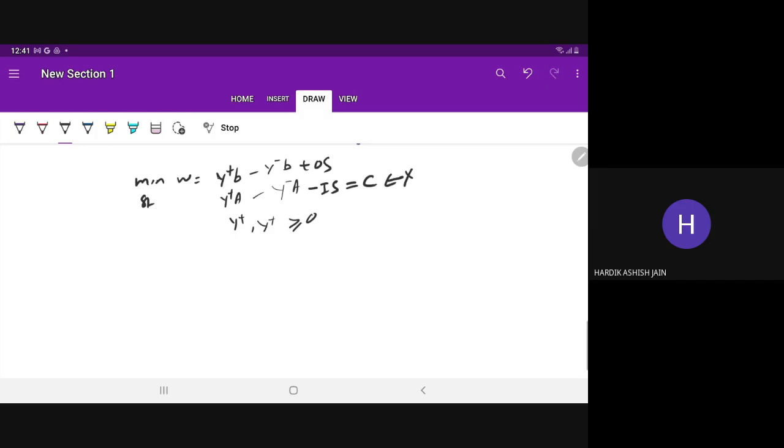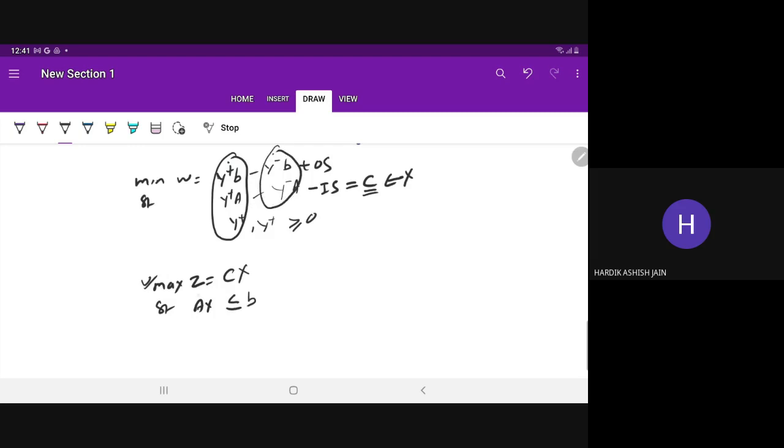Now you assume this is the primal problem, and associate one dual variable with each constraint. So the problem will become maximize Z = Cx subject to Ax and b. Since this is maximization, it will be less than.